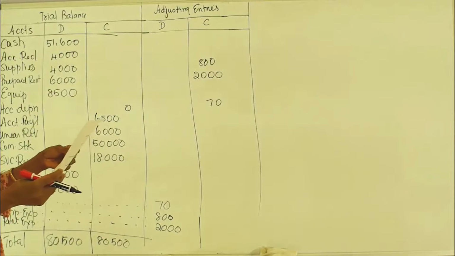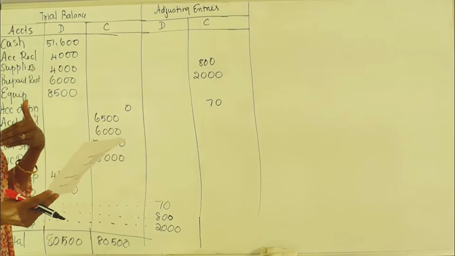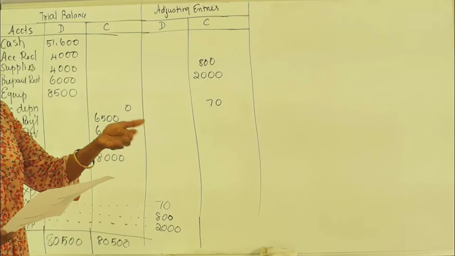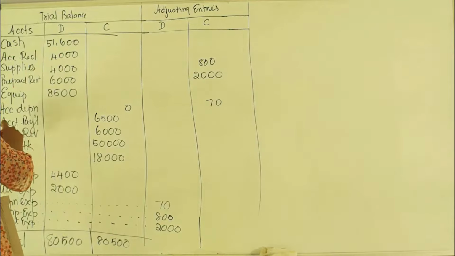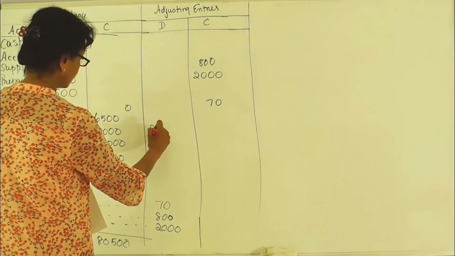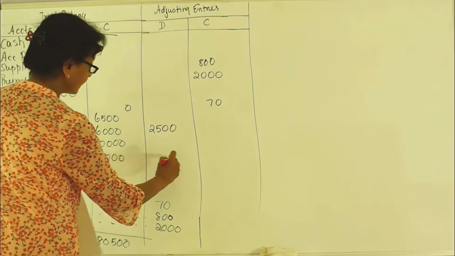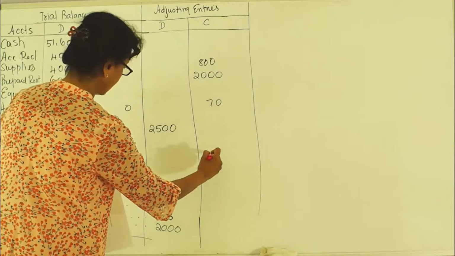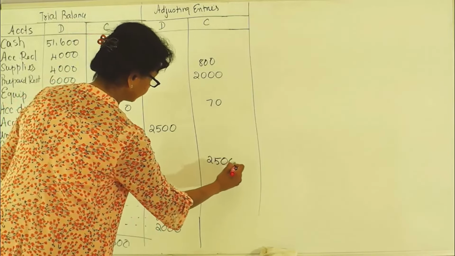Last one, it provided $2,400 worth of service to the client who paid in advance. So when the company is now performing the service which it owed, you will debit the unearned revenue for $2,500 and you will credit the service revenue for $2,500.